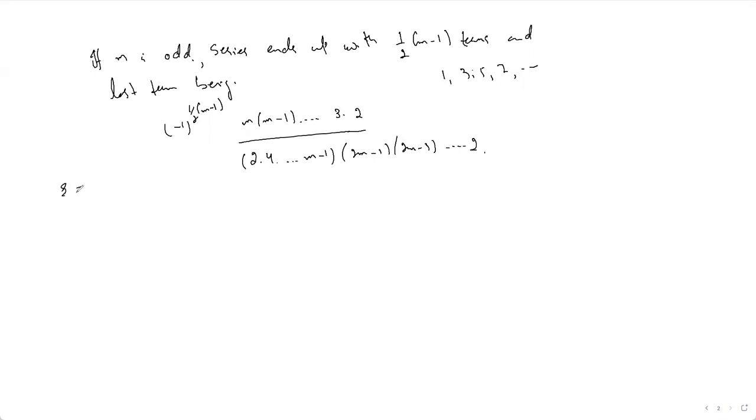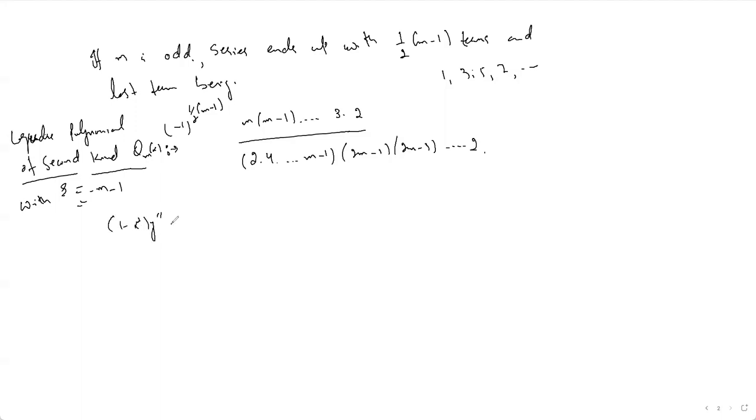Since we know that r is equal to minus m minus 1, we call them Legendre polynomials of the second kind, and we represent them by Q_m(x). We know r is equal to minus m minus 1 because it comes from the solution to the Legendre differential equation, which is 1 minus x squared y double prime minus 2x y prime plus m into m plus 1, or I will say l into l plus 1, y equal to 0.